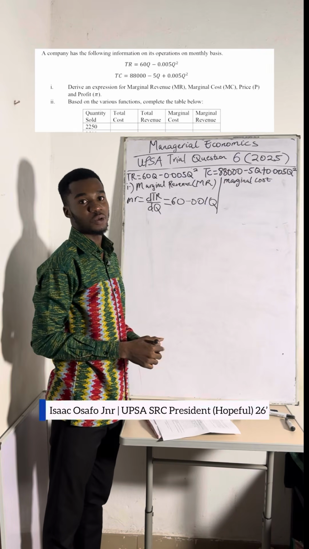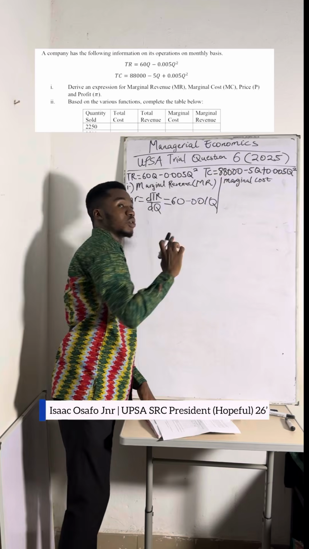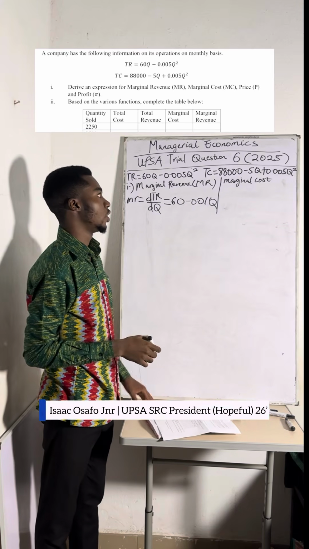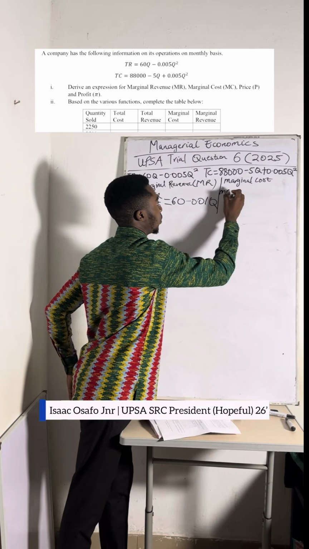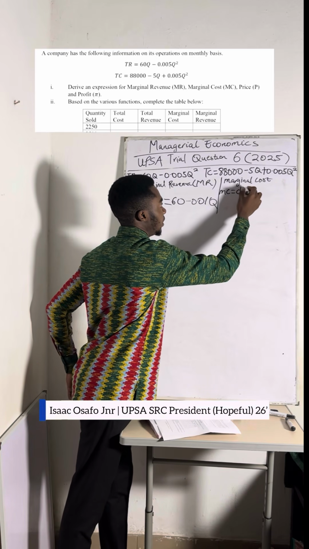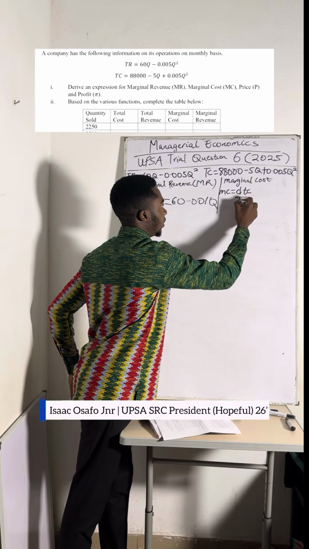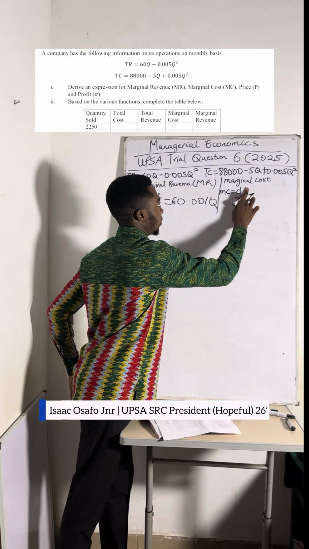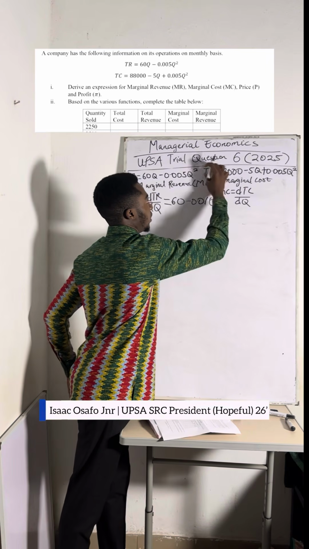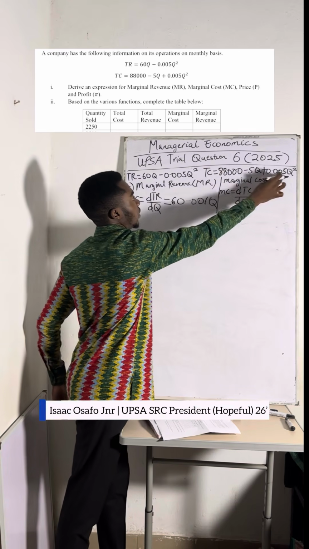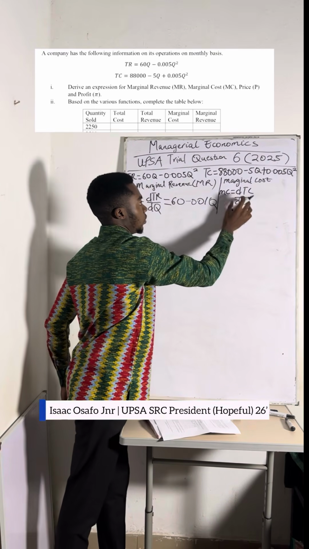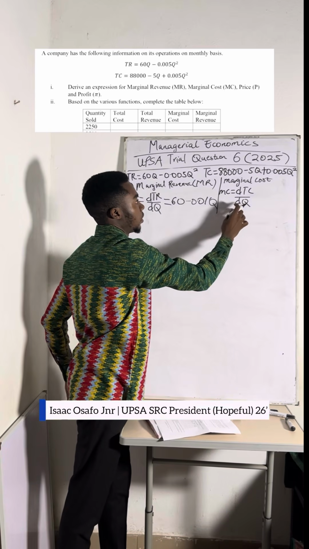So if you want the marginal cost, we just have to differentiate the total cost function, which is our TC. You get it? So similarly, we are going to get our MC, or our marginal cost, to be equal to dTC over dQ. You get it? Let me make it a capital. So dTC. This is the function. So dTC, the TC will come first, the one here on top, then the variable here down. So dTC over dQ, meaning you are differentiating with respect to Q.